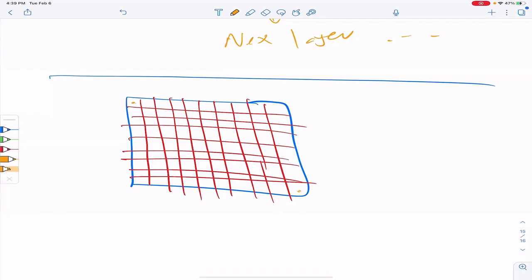So this patch and this patch, they can have, remember the P matrix that we had, like n by n? So n is the number of patches that you have, or the number of tokens that you have. They can have non-zero probability. Expensive, right? Because you need to fill in n squared numbers in this matrix.